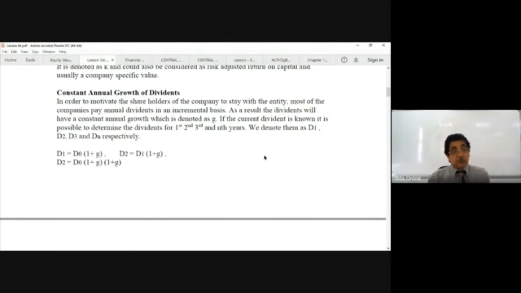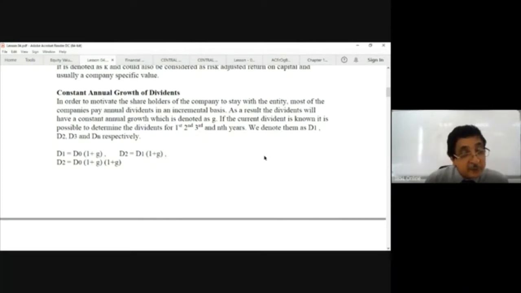Up to now, I have mentioned the assumptions. The assumptions are these. In the companies, whatever the way they declare dividends, our assumption is that dividends are being paid at the end of the year, and they just have final dividends.